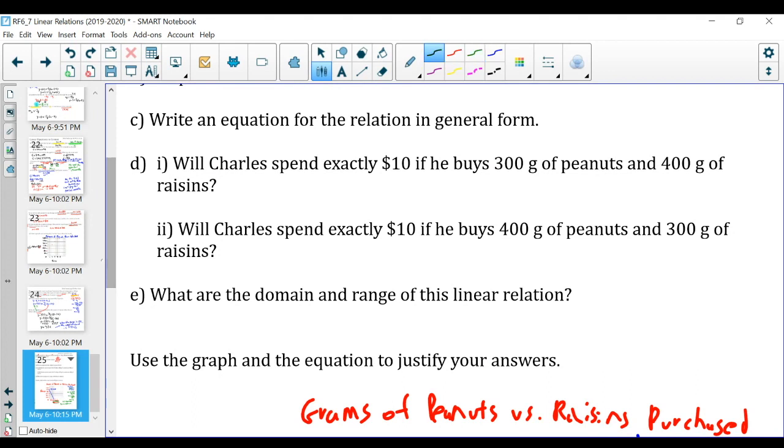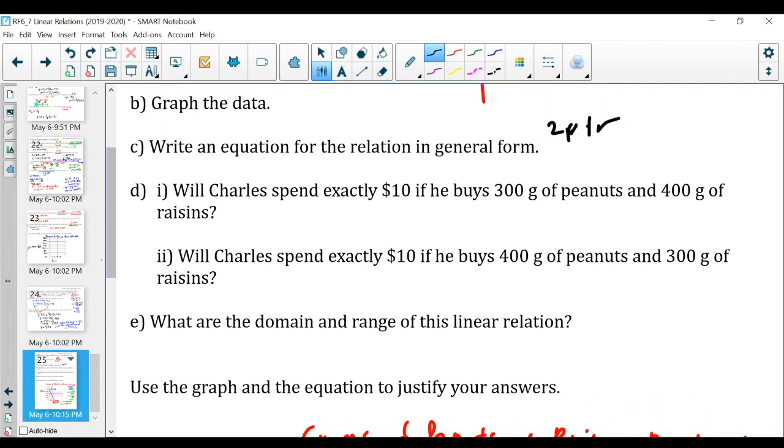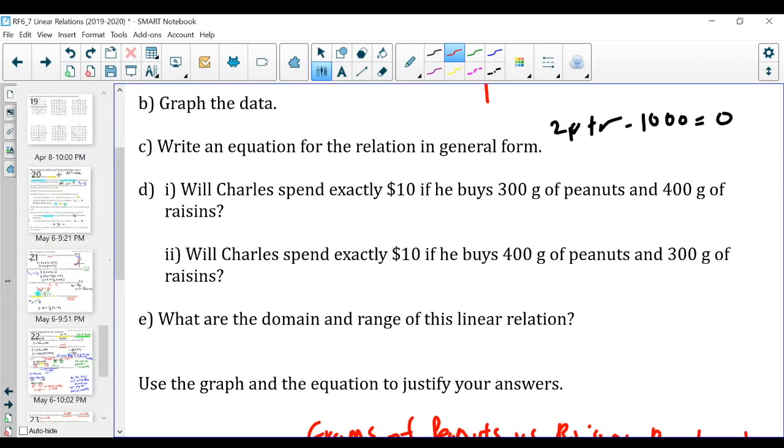So we'll have 2p plus r, maybe I'll write it down at the top, 2p plus r minus 1000 is equal to 0. So in this case, p is going to be equal to 300, and r is equal to 400.